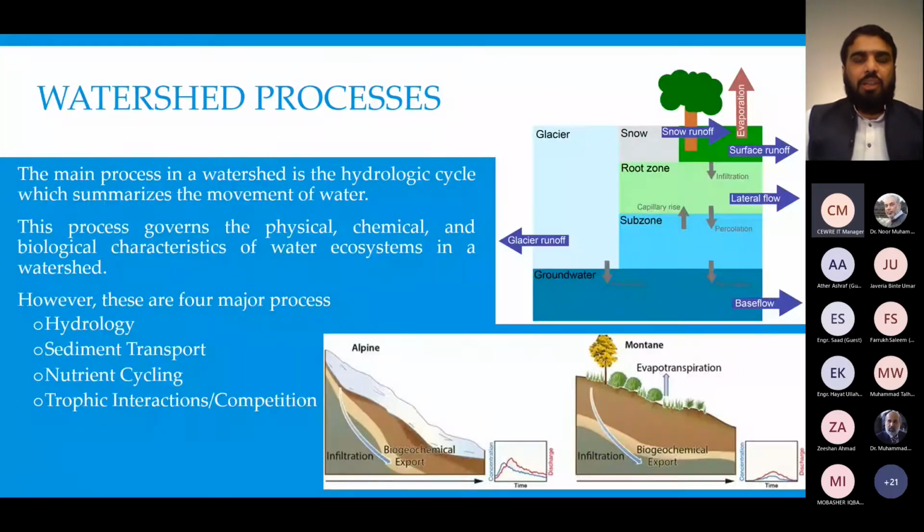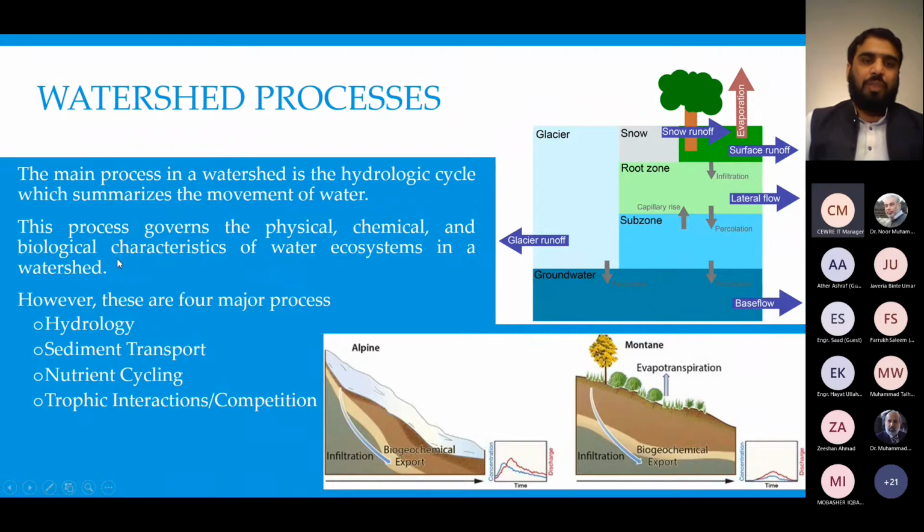So there are different types of processes. When rainfall falls on the watershed, different kinds of processes take place, which are collectively called the watershed processes. The main process of the watershed is the hydrological cycle. As we know, the hydrological cycle summarizes the movement of the water within the watershed.